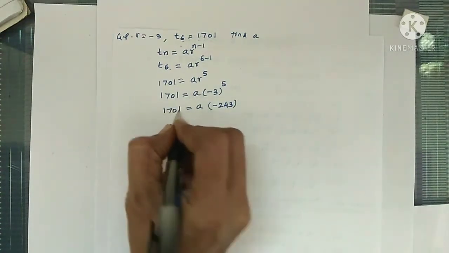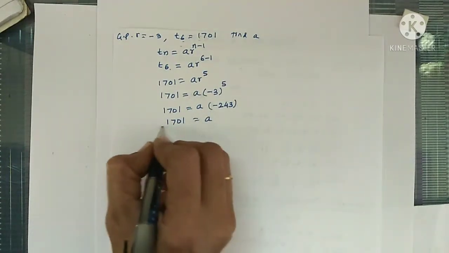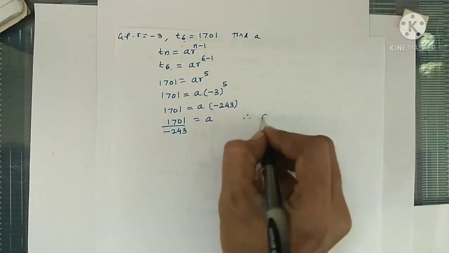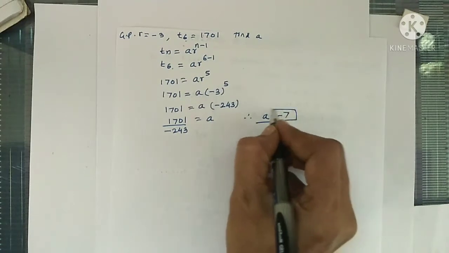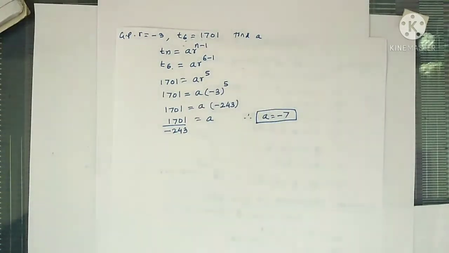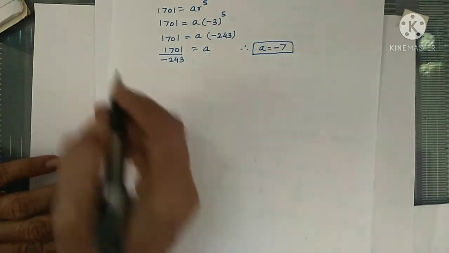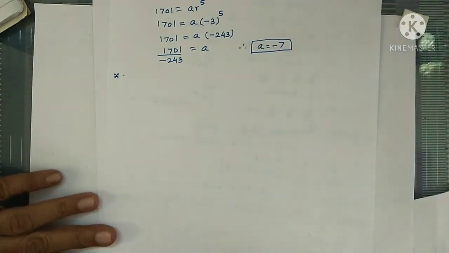So to find the value of a, we have to divide 1701 by minus 243. Therefore, a equals minus 7. You can calculate this. The value of a comes as minus 7. So we are using the formula for Tn, and using the formula for Tn, we can solve this.